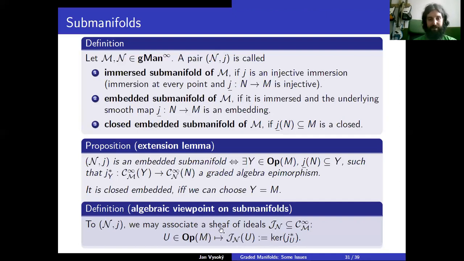And this is in fact a sheaf of ideals, meaning it's not only an ideal for each U, but restrictions are compatible with this ideal. Also, if you glue local sections which all lie in this ideal, then the glued section will also lie in the ideal. So it's really what is called a sheaf of ideals.